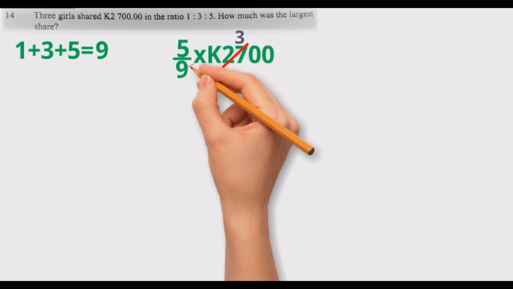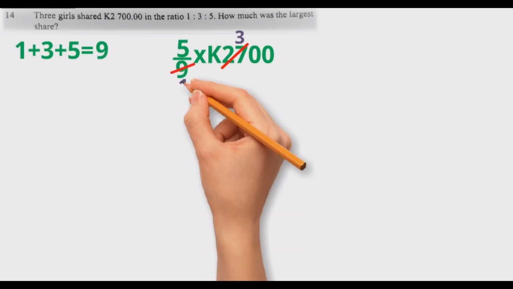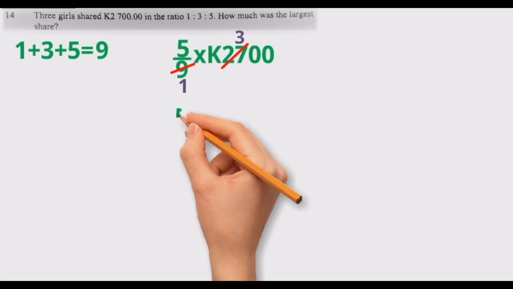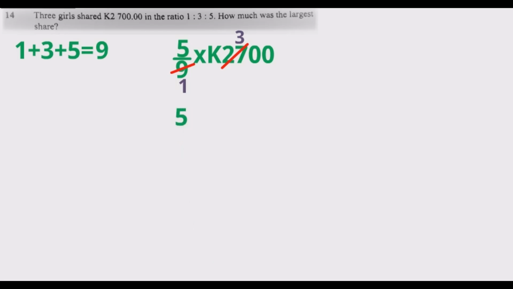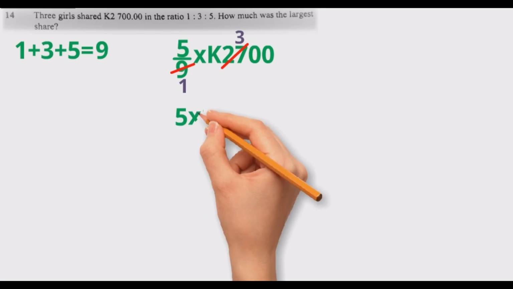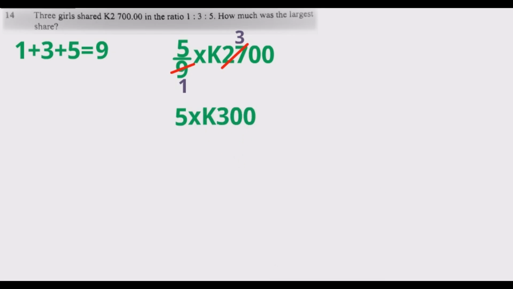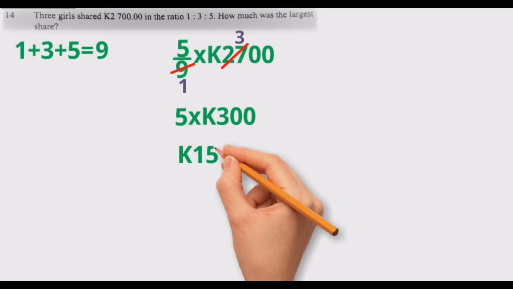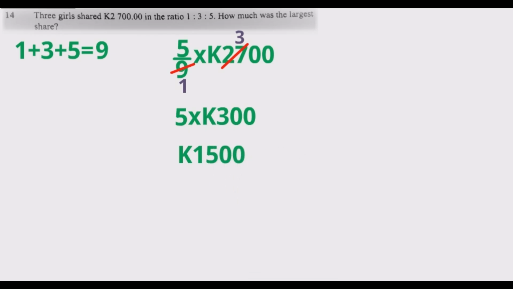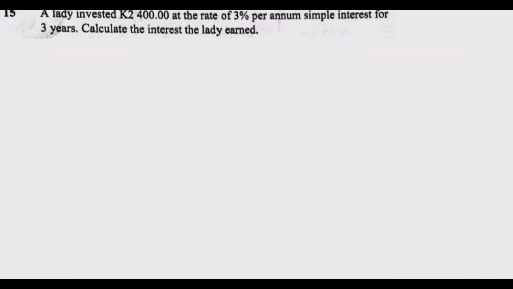Then 9 into 9 will give us 1. 1 into 5 will give us 5. What we are remaining with on 2,700 is 300 kwacha. So we multiply 5 times 300 kwacha, which gives us 1,500 kwacha. So the largest share is 1,500 kwacha.